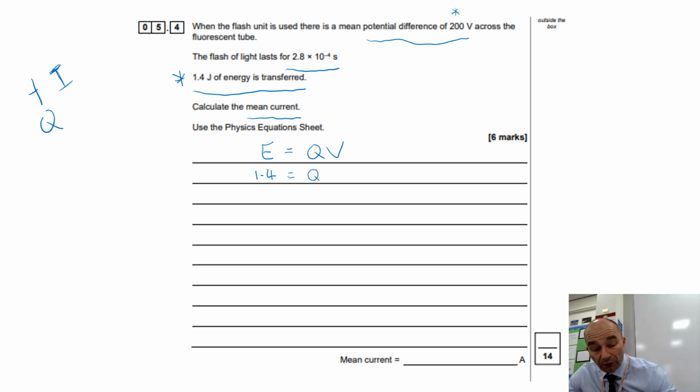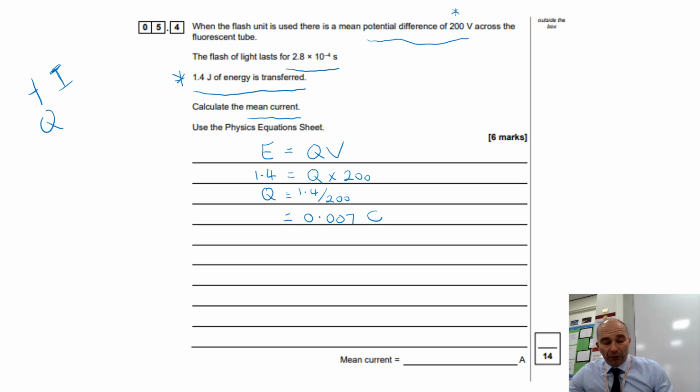Q, which is our charge flow, we don't know yet. That's what we want to find out. So it's just Q multiplied by 200. We need to get Q by itself, therefore divide both sides by 200. And we've got 1.4 divided by 200. That then gives us 0.007, and it's coulombs, which is a capital C.